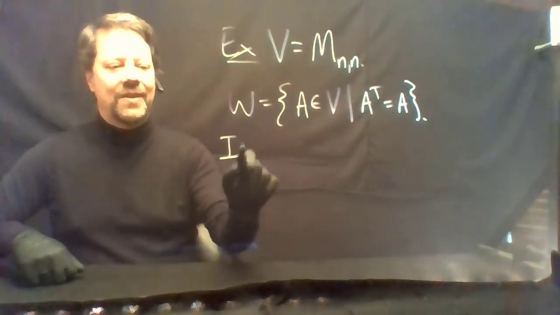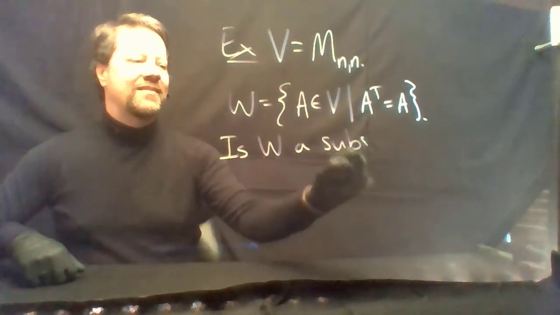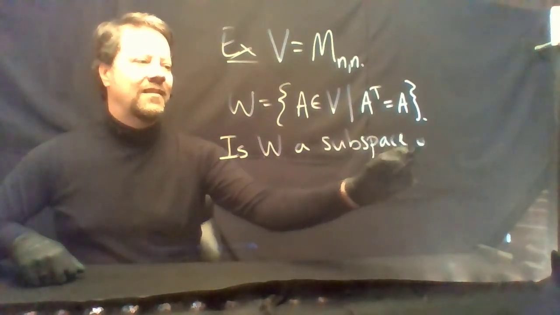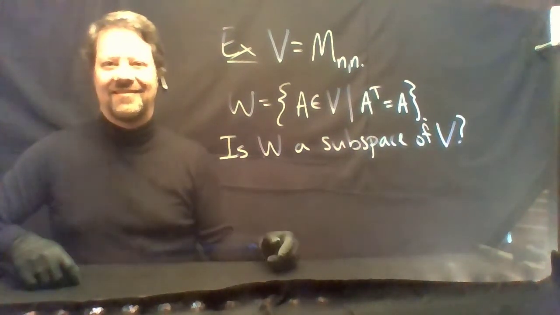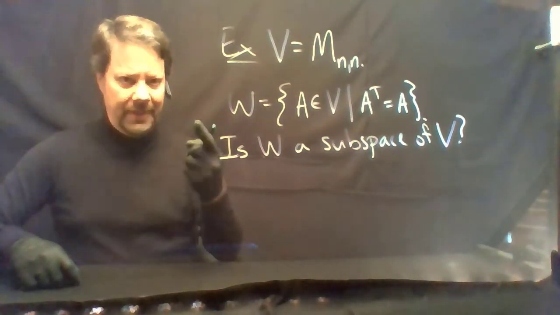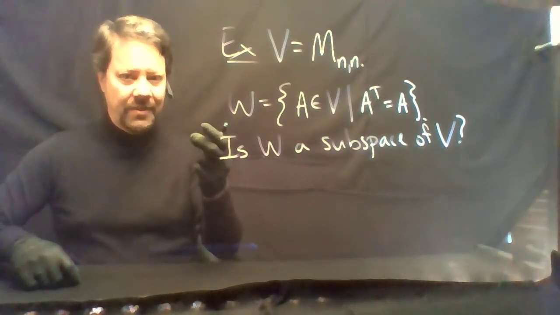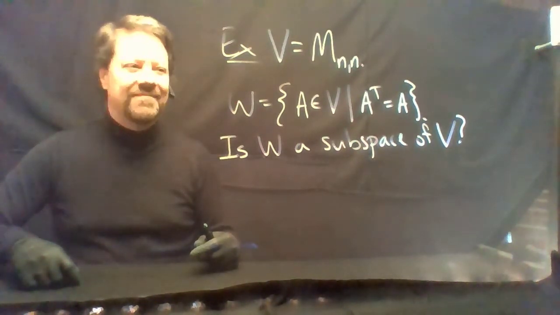And I'm going to ask the question, is W a subspace of V? There are 3 parts to check, remember. Is it empty? Yes or no? Is it closed under addition? And is it closed under scalar multiplication?